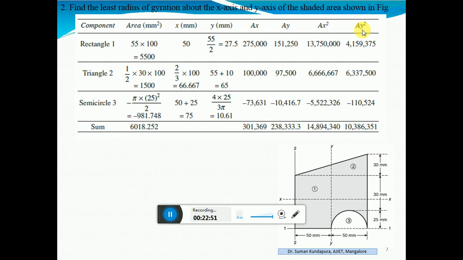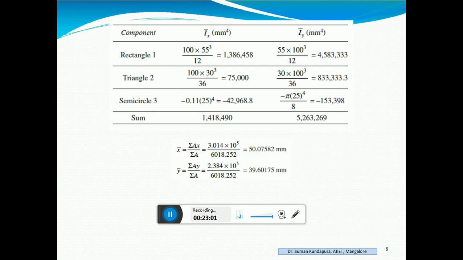Then move on to finding out the Ix bar for each figure, the moment of inertia of each figure. So you should know the formula for the moment of inertia of each type of geometric shape. For the rectangle it is BD cube by 12.